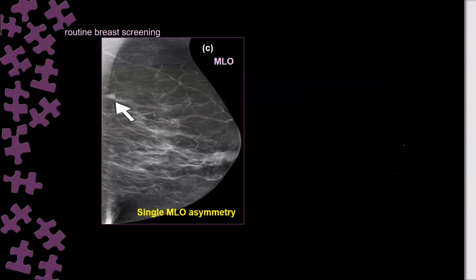Exaggerated extended lateral view. Excellent. Why did you select this view? The lesion is adjacent or anterior to the pectoralis. It's very posterior, and it is very unlikely to see such a posterior lesion in the medial portion.